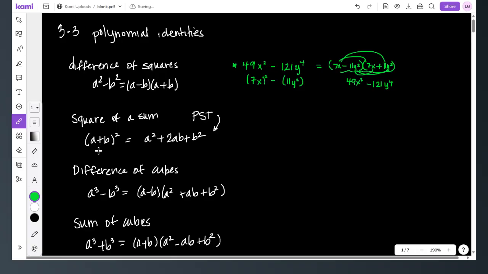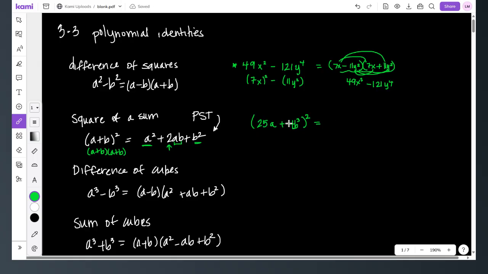All right, the square of a sum, which is a perfect square trinomial, that's a quick way to multiply it out. So we're kind of looking for shortcuts here. Notice it means a plus b times a plus b, but the shortcut is square the first term, multiply the two terms together and double it, square the last term. So we want to try that. Let's go with 25a plus 4b to the third, and we're going to square that.